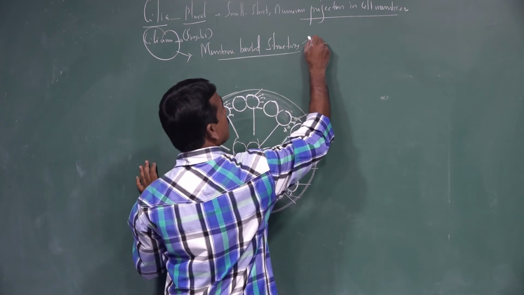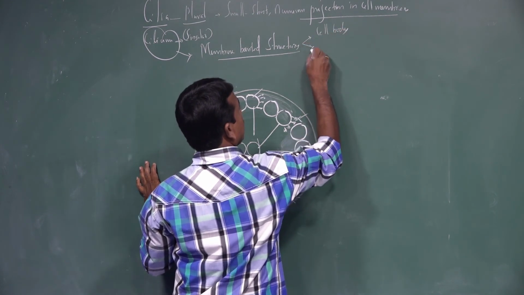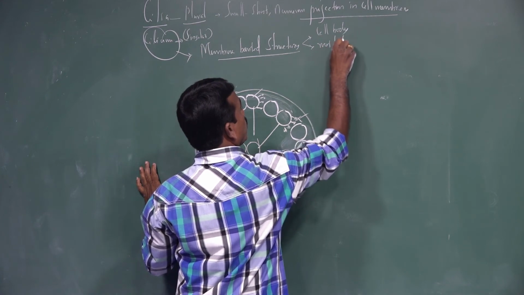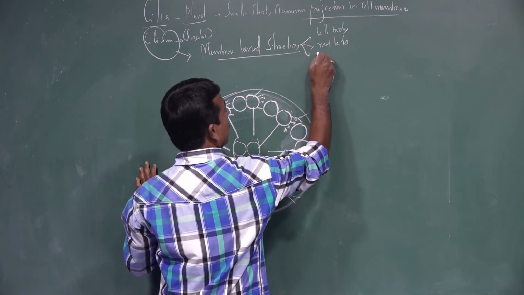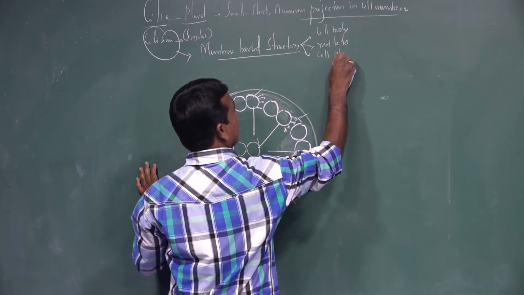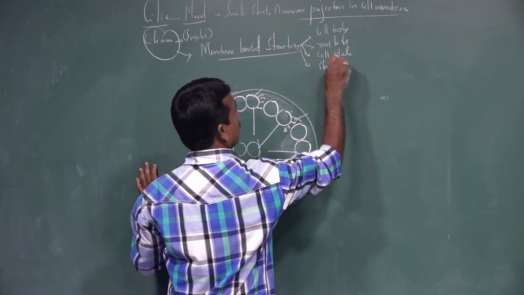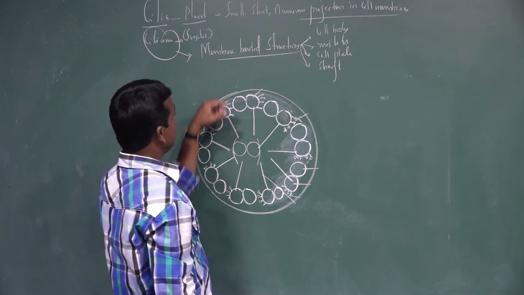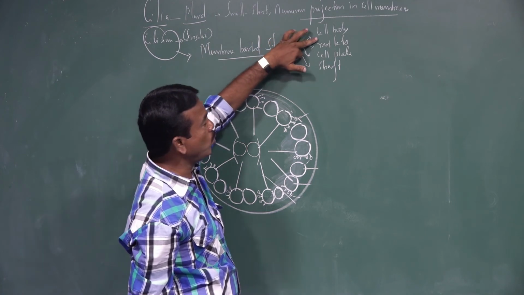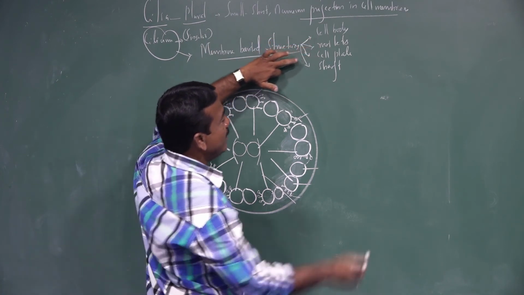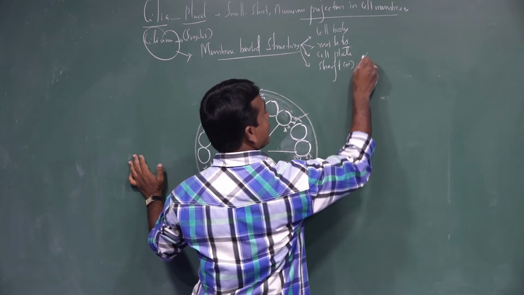It includes the cell body or rootlets, basal plate, and shaft. The shaft is also named the axoneme.